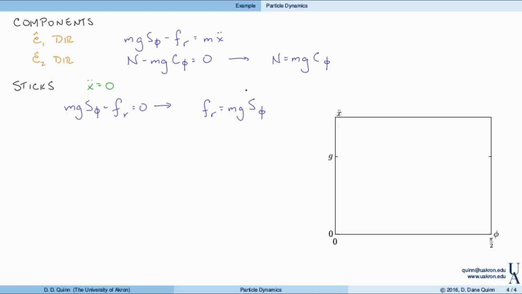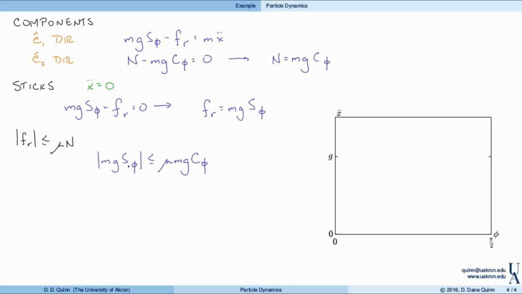We ask for the critical value of the angle for which the block transitions from stick to slip. So that's going to be determined by our friction inequality. So notice that the magnitude of the friction force must be less than or equal to mu N. This is part of Coulomb's friction. So now, if I look, the magnitude of the friction force is mg sine of phi, and that has to be less than mu times mg cosine of phi.